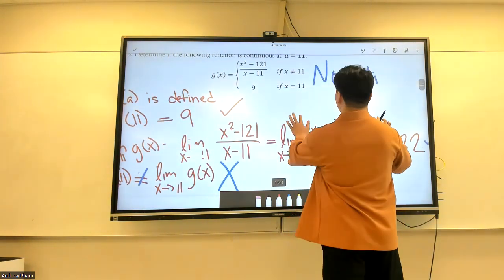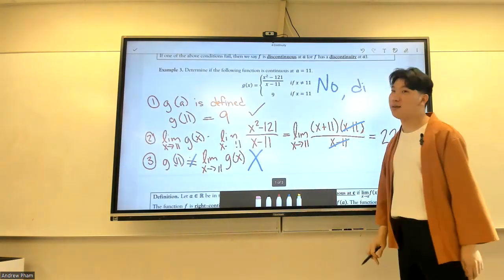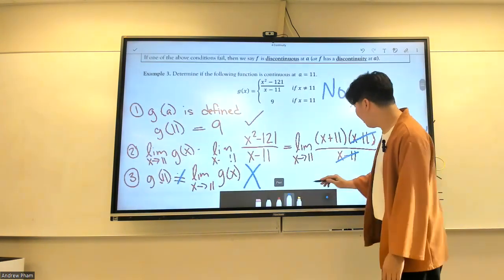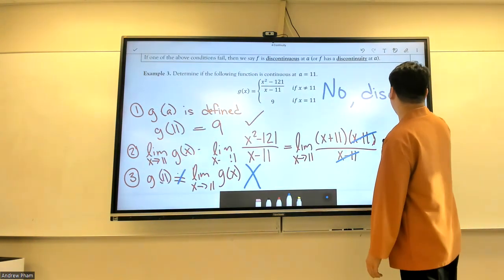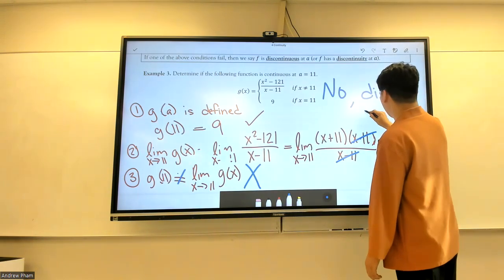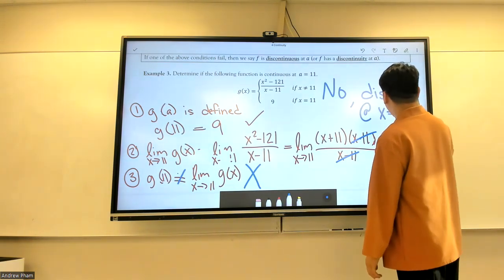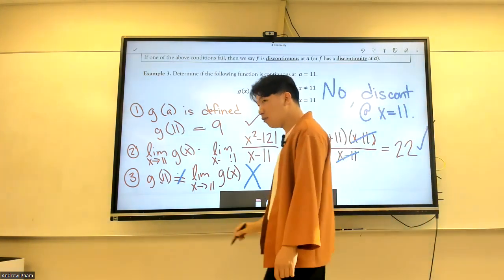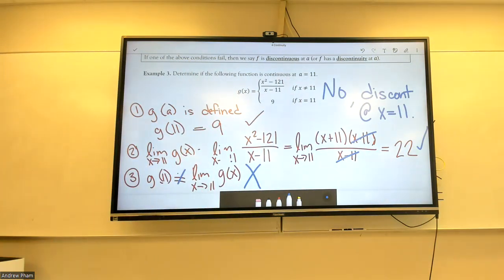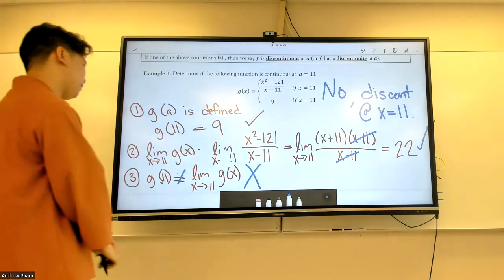Discontinuous at x equal to 11. Or we can say a equal to 11 because we're just using a and x as placeholders. So we're discontinuous, going through all of the steps for checking continuity.